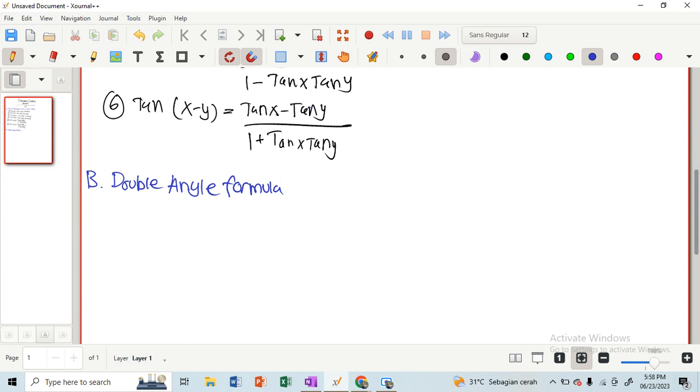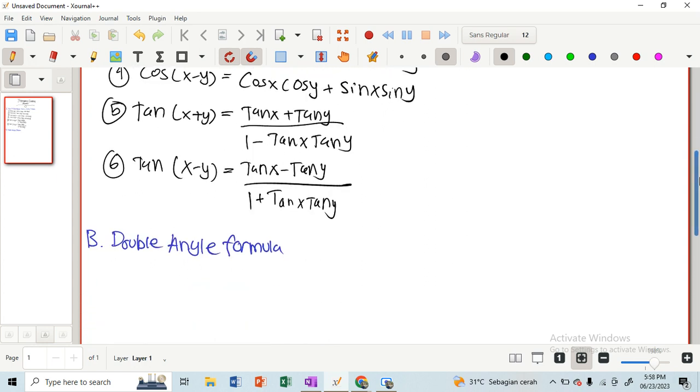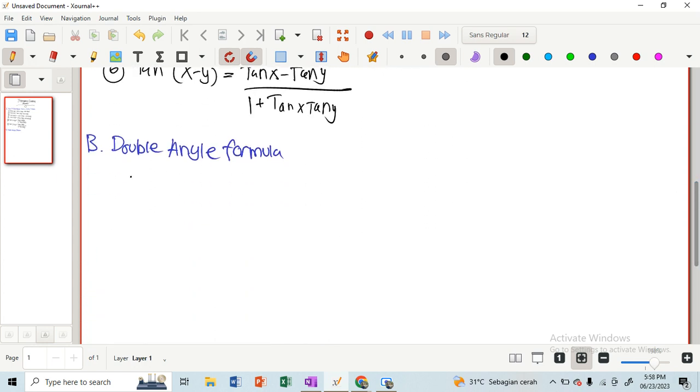Now, what if we want to know the double angle formula? We could achieve it from the sum and subtraction formulas. For example, for sine, if you want the double angle formula, the sine of 2x, well, 2x is just the same as x plus x, right?